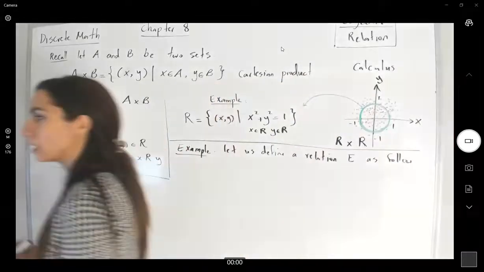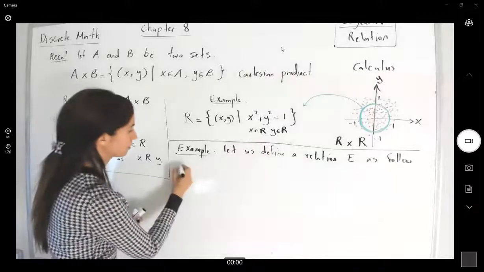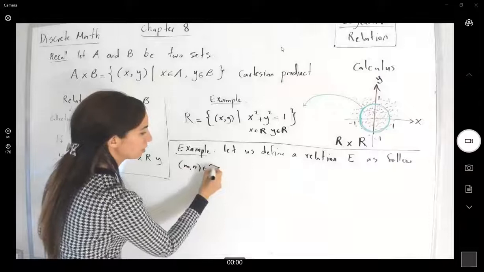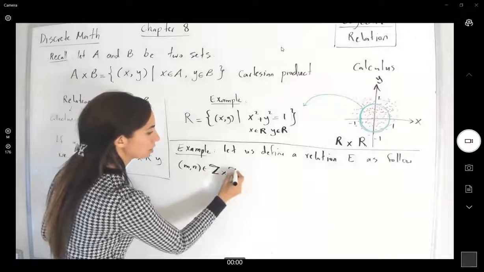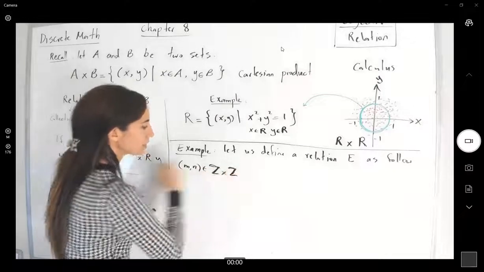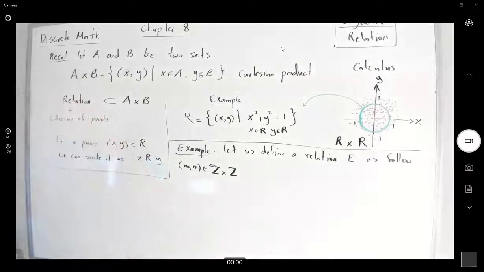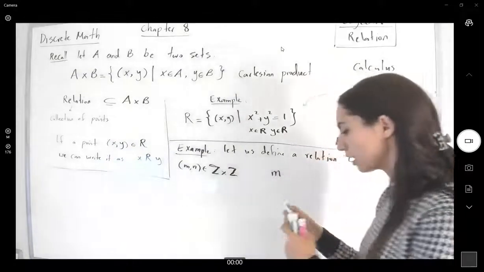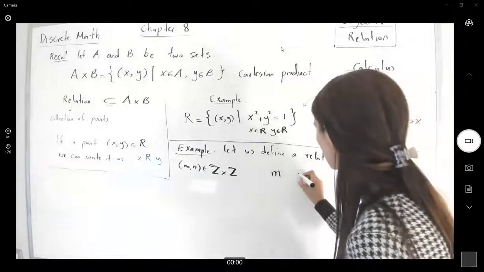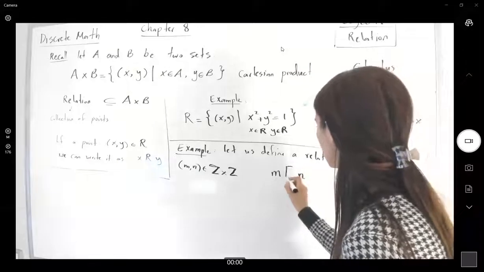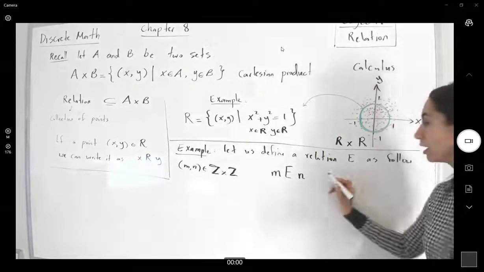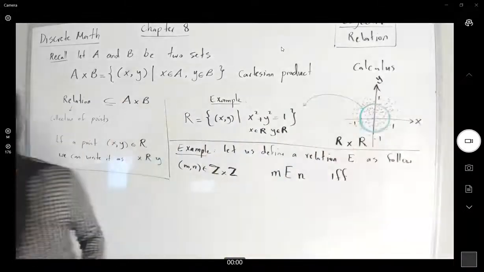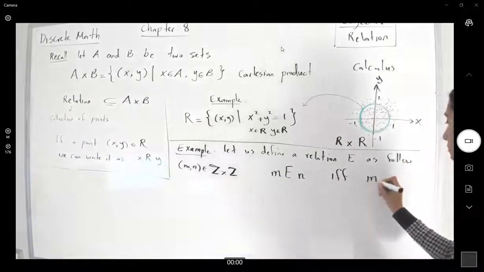We say that m and n are points in the Cartesian product between Z and Z. We say that m is in relation with n. We're going to use the letter E if and only if the condition that m minus n is even holds.